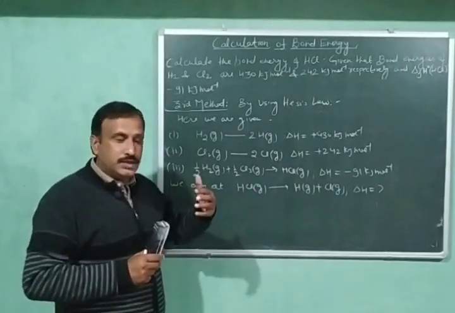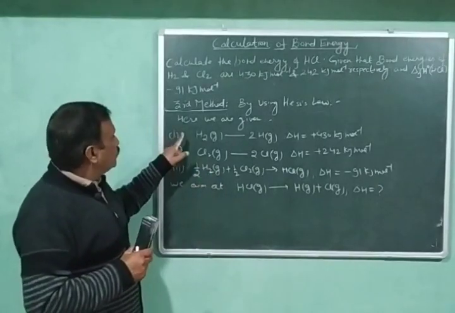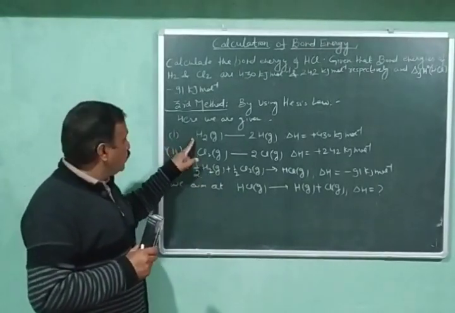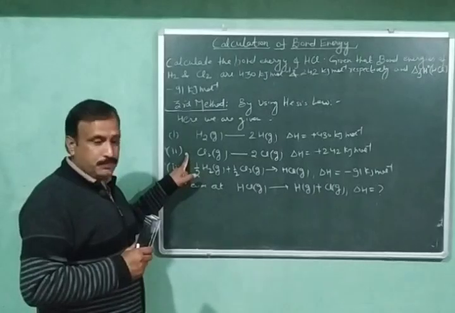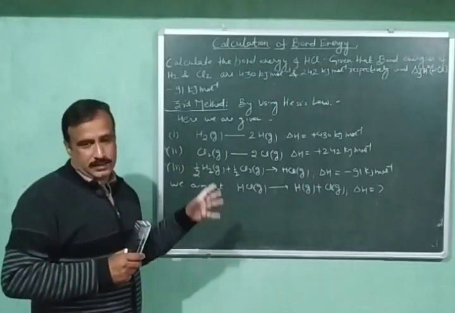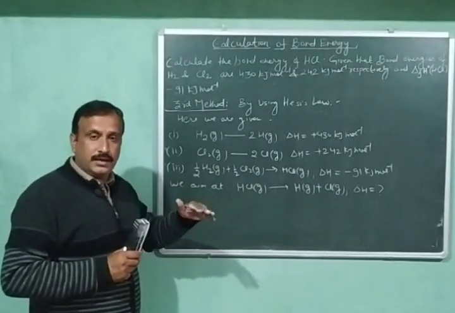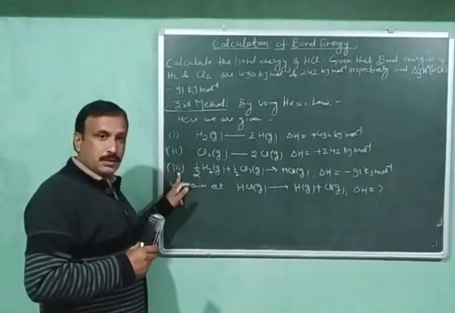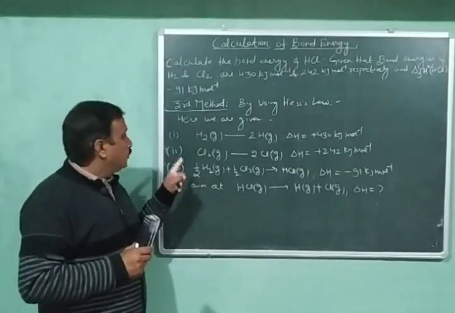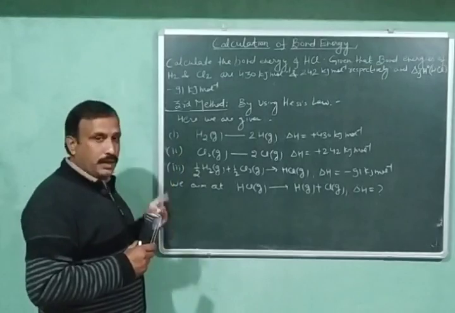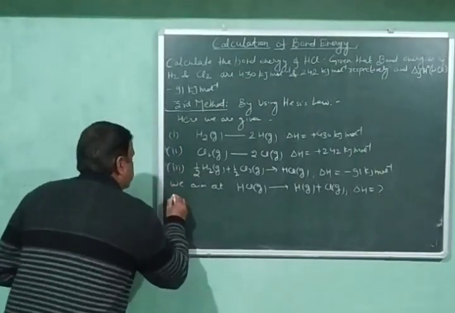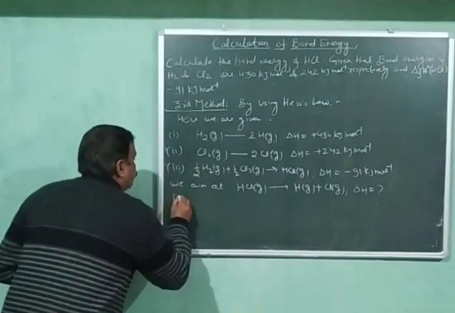And to do this we will multiply the equation number 1 by half, equation number 2 by half, and then we will add these equations, and after adding we will subtract the equation number 3 from it. So let us multiply equation number 1 and 2 by half. Let the resulting equation be equation number 4.